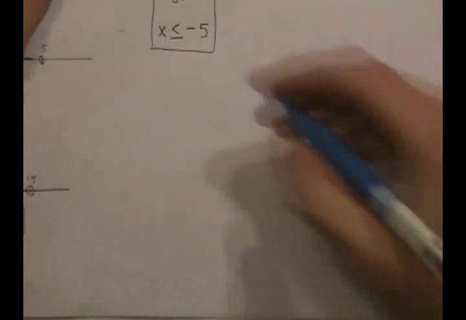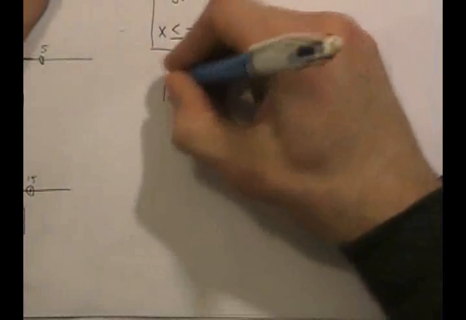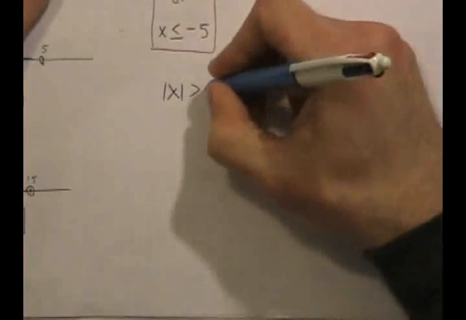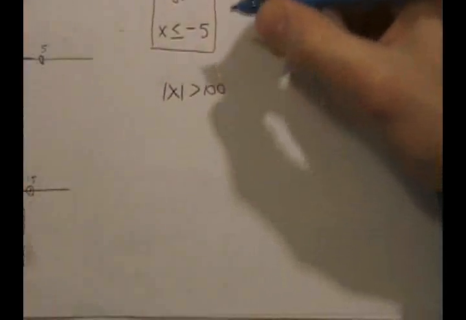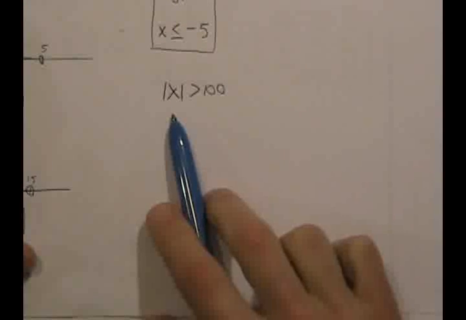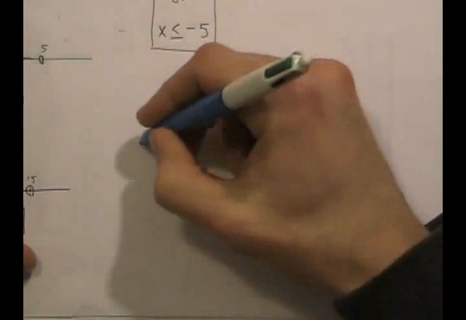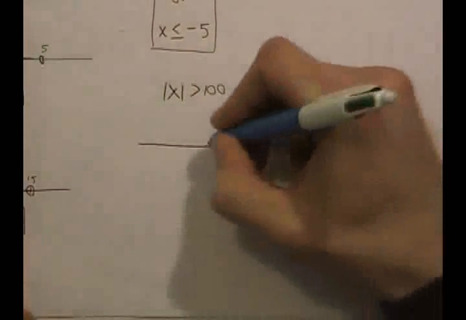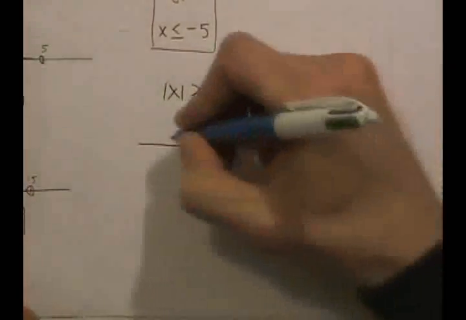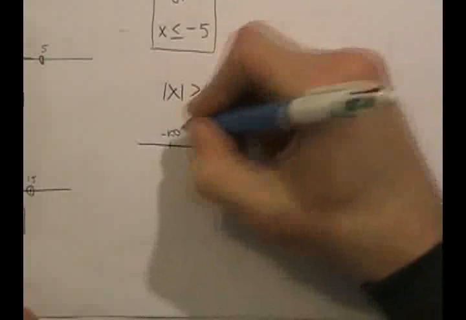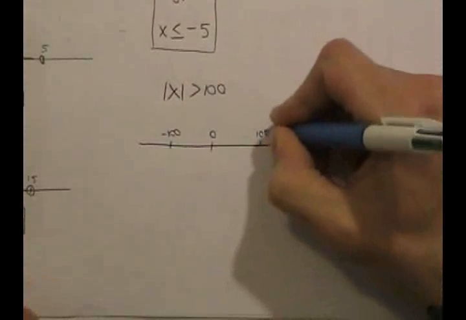Because I could give a problem like, if I said absolute x is greater than 100, you would have to first interpret this as numbers that are more than 100 units away from 0. So you think in your head here, 0, minus 100 and 100, that's what it's all about.